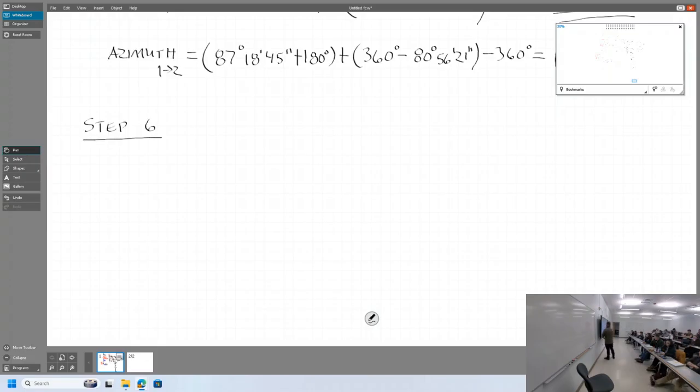Step 6. All right, so again, step 6 is to calculate the unadjusted coordinates for each station. Why do I keep saying unadjusted?